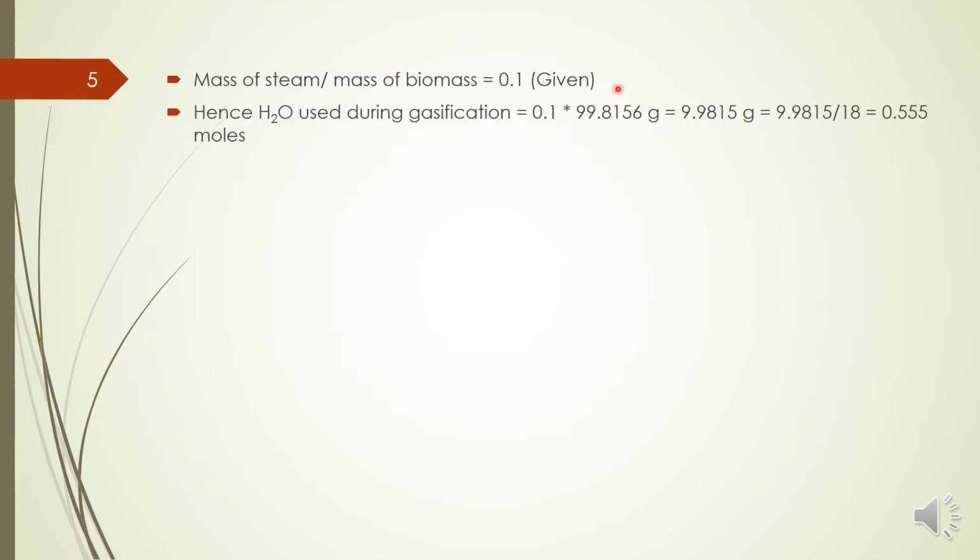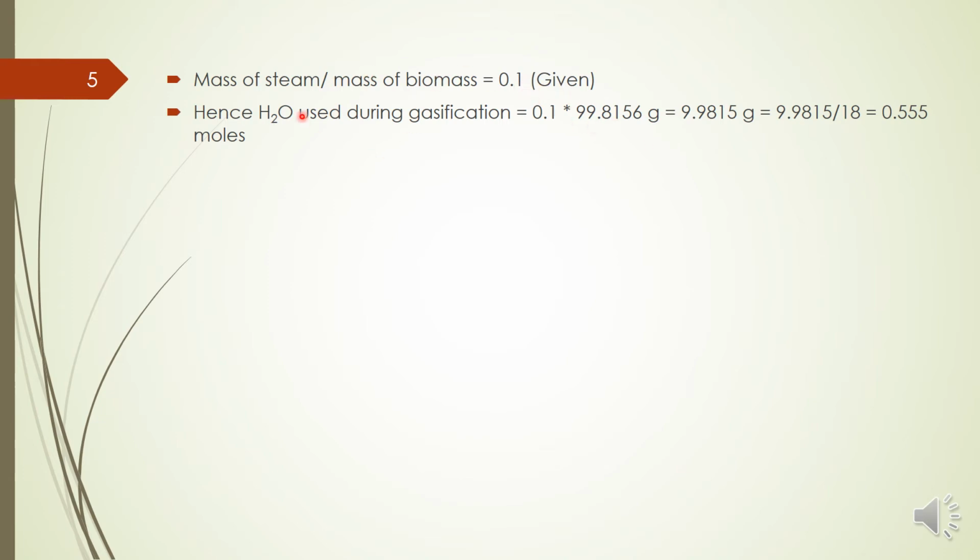That will be, so the mass of biomass we have calculated is 99.8156, or we can take 100 also. That is the mass of biomass. So what will be the mass of steam used? So 0.1 into this.